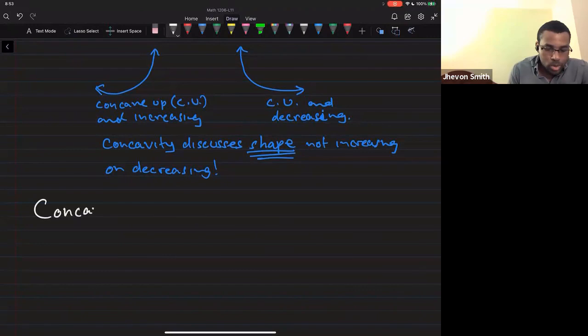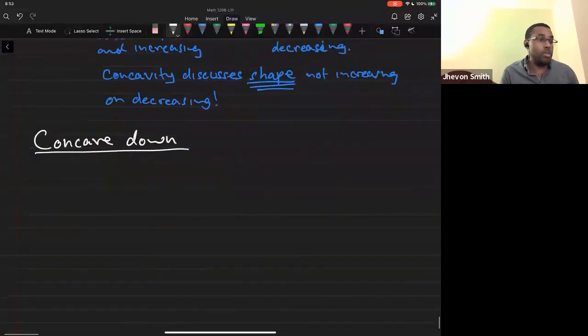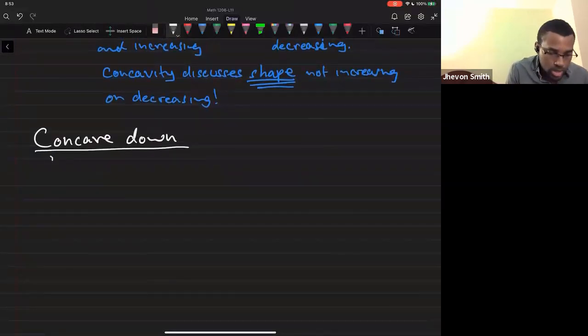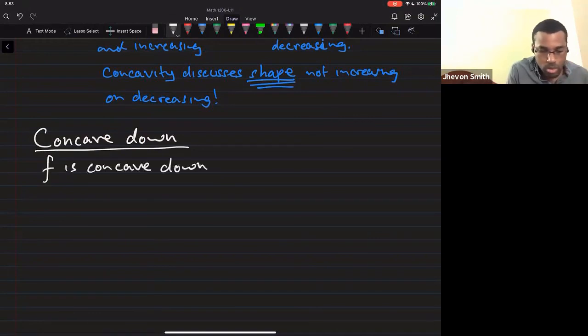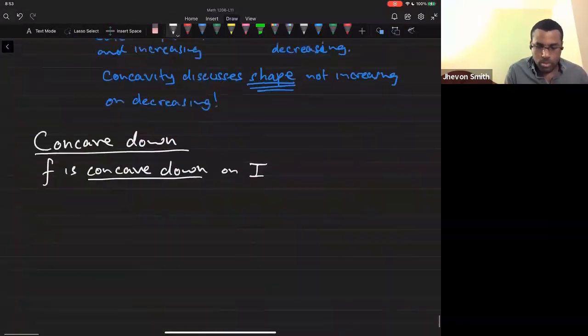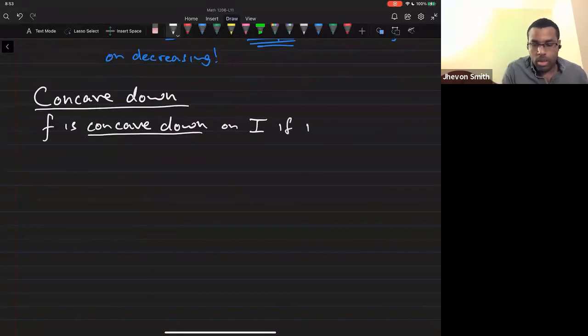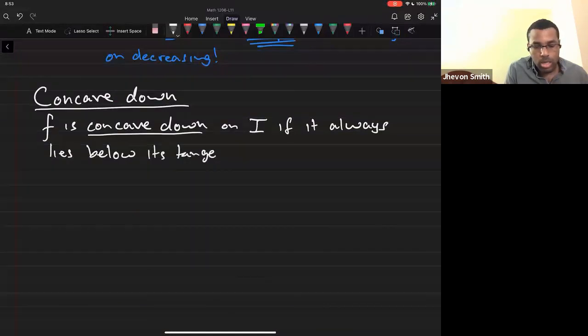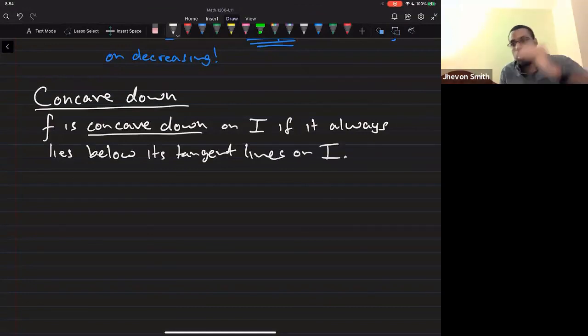Similarly, concave down is, of course, the opposite of a smiley face. It means a frowny face. So we can say f is concave down on I if it always lies below its tangent lines on I. So it's down on that, right?